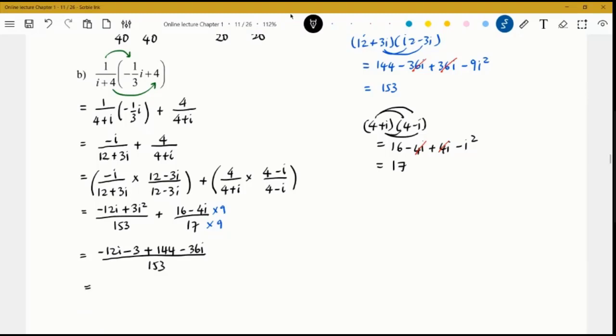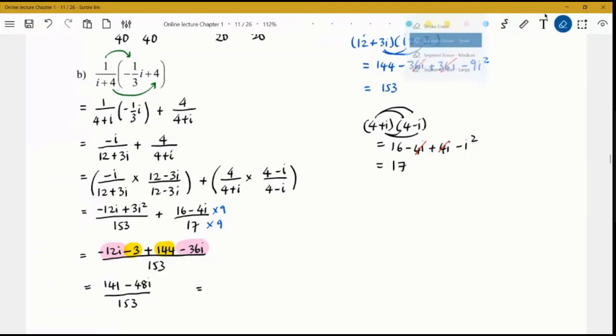So collect the real part with the real part, imaginary part with imaginary part. So will be 141 minus 5 should be 48i divide by 153. Can we simplify this one to simplest form? 141 bagi 153 boleh?